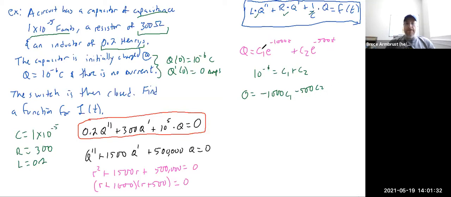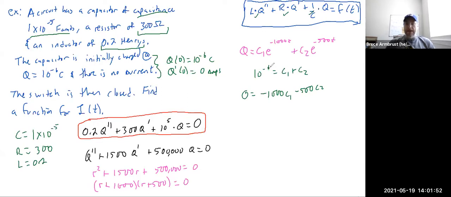Those minus 500 and minus 1,000 come from taking the derivatives, and then the e parts again go to 1. All right, well, there's our system.